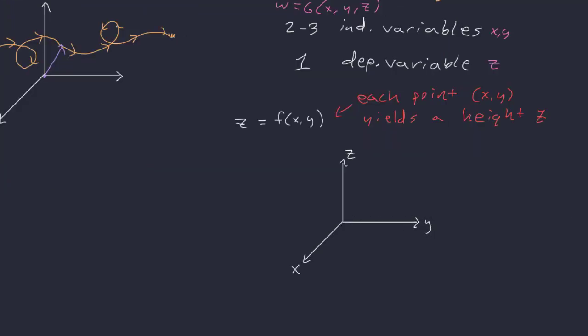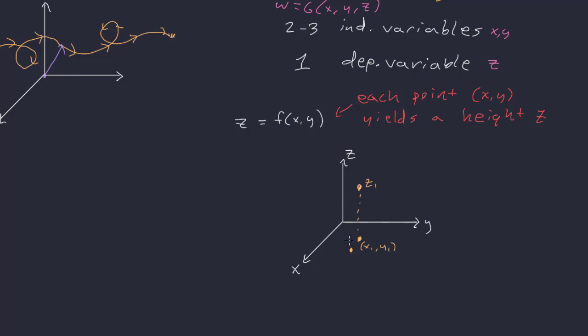So for example, if this is one of my points, let's call this x1, y1, this is going to correspond with a point, let's call it z1.